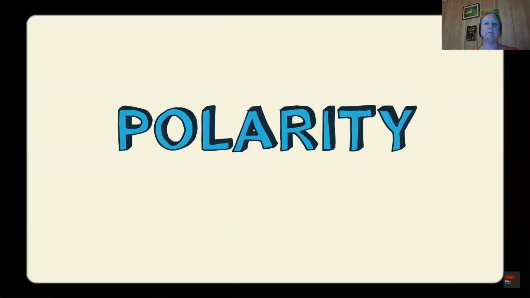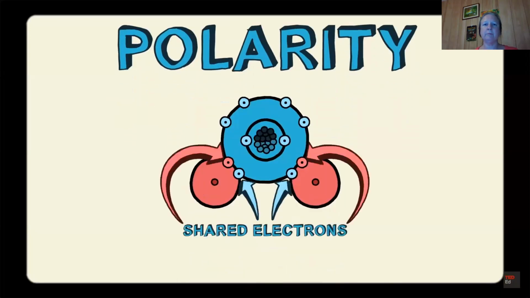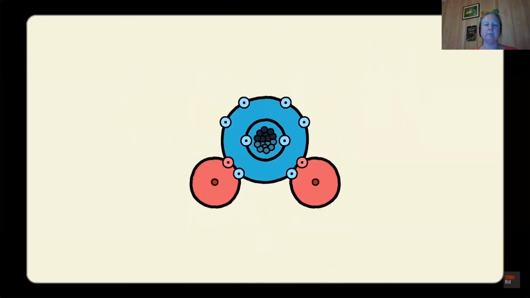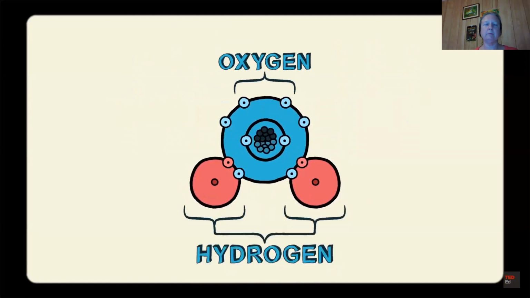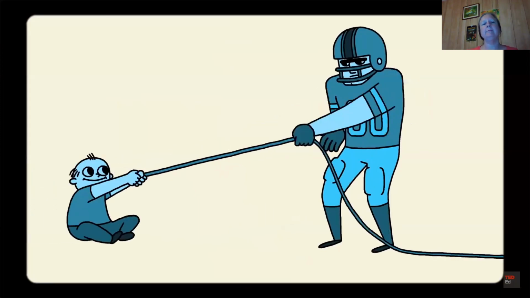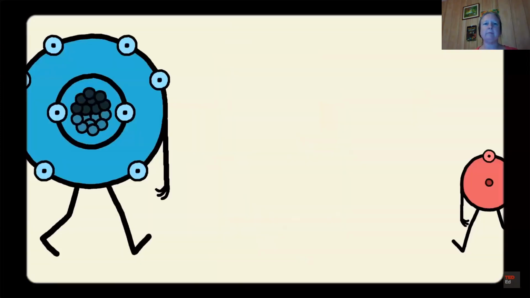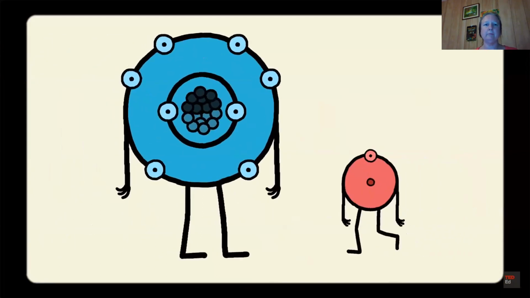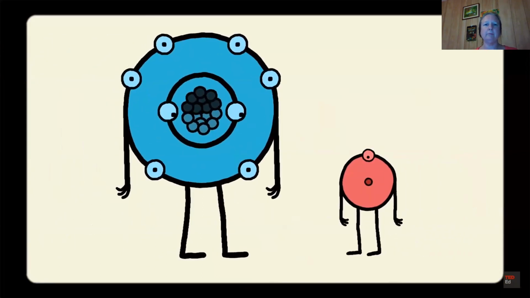Polarity refers to the unequal sharing of electrons within a molecule. For water, the bonding between the oxygen atom and two hydrogen atoms within a single water molecule is like a tug of war between a big, strong football player and a cute little toddler. Oxygen is a larger atom with more protons in its nucleus than hydrogen. These positive charges are like a person's physical strength.